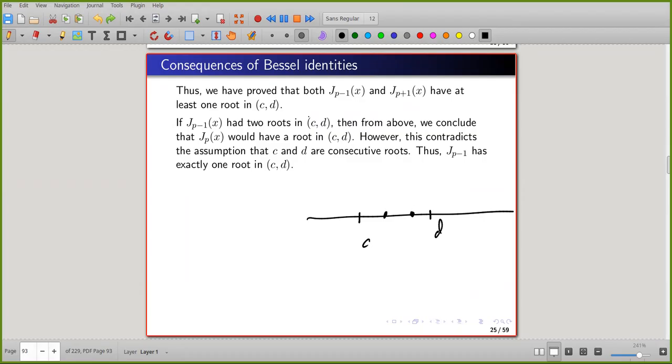Let's say alpha and beta are the roots of J_{p-1}. Then by applying the previous result to J_{p-1}, it'll mean that J_p, that is J_{(p-1)+1}, has one root between these two roots. But that's a contradiction because we had assumed that c and d are successive roots of J_p.